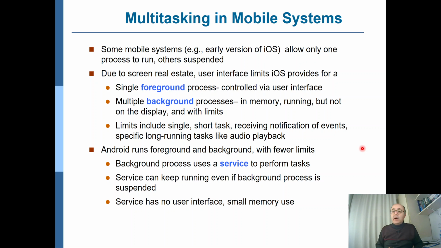While you're browsing, if a message comes over WhatsApp, you need to be aware of that. Therefore, such systems run in a different way. Also, you have limited screen space, limited processing power, limited memory, and limited battery power.